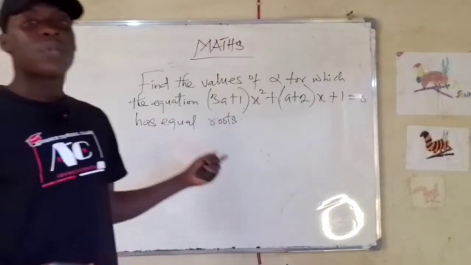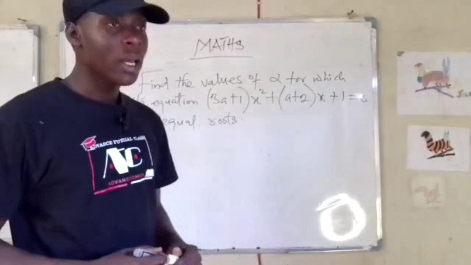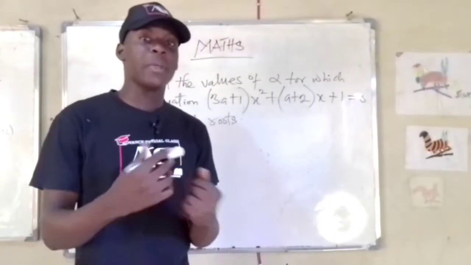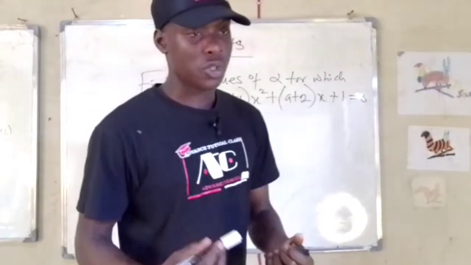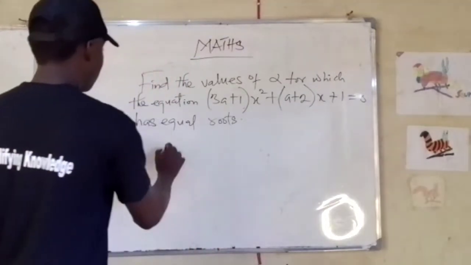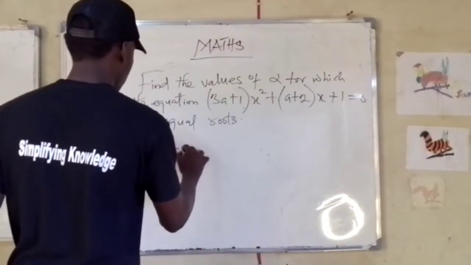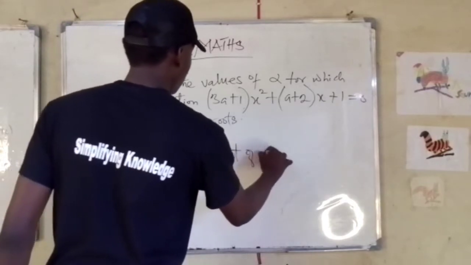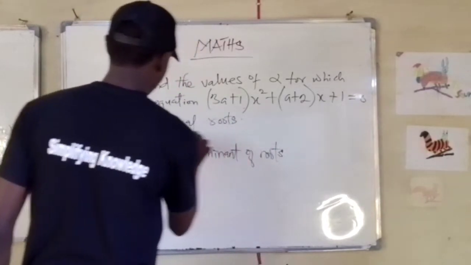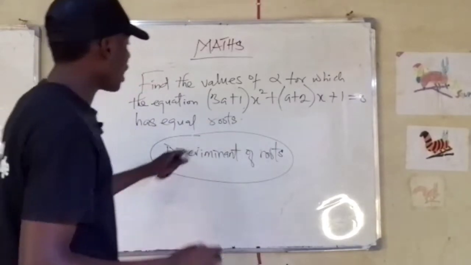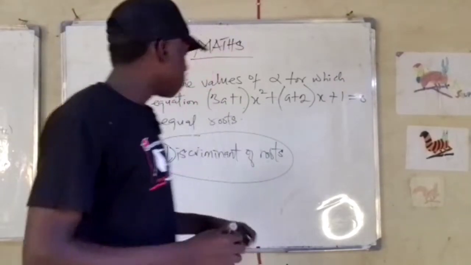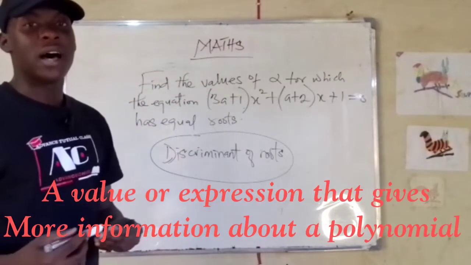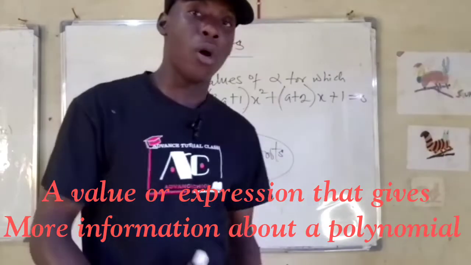So for me to solve this problem, I need to employ what we call discriminants of roots. Now, what's the discriminant of roots? It's a value that gives more information about a polynomial.